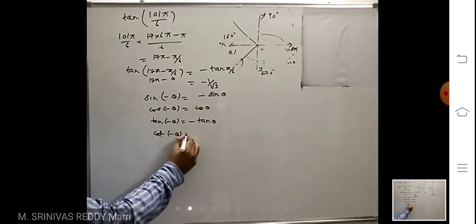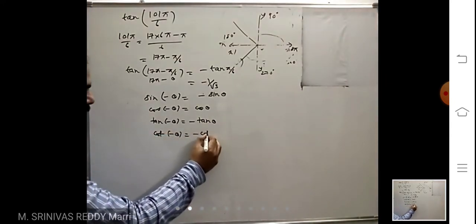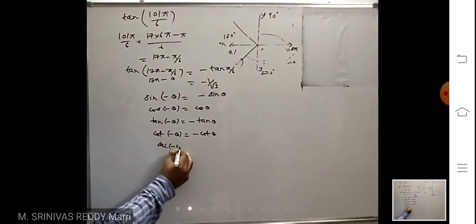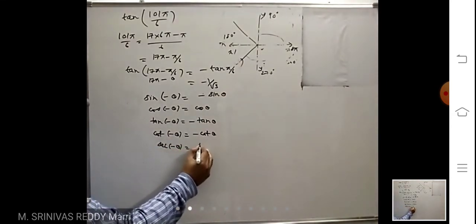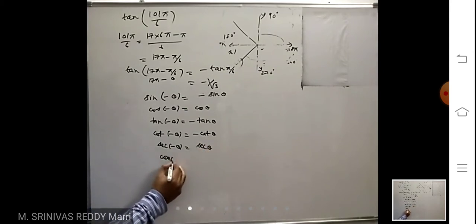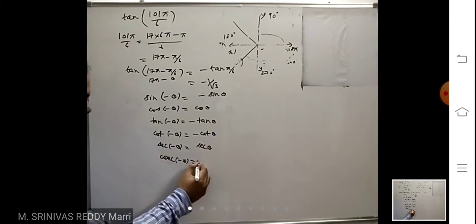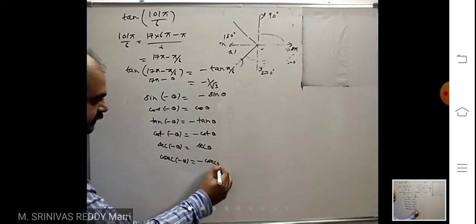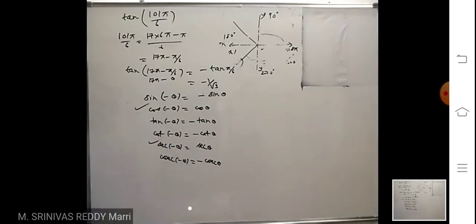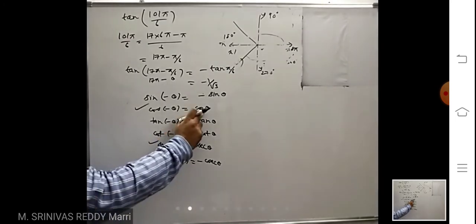Cot of minus theta is minus cot theta. Secant of minus theta is secant theta. Cosecant of minus theta is minus cosecant theta. Only for cos and secant, minus theta will become same.